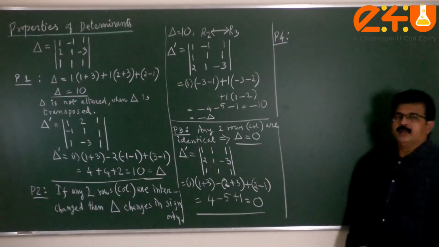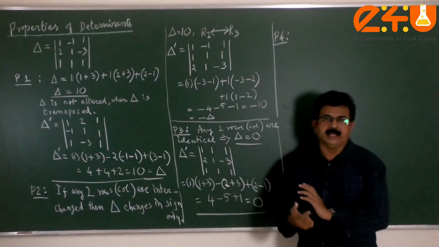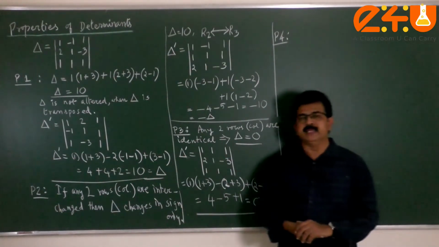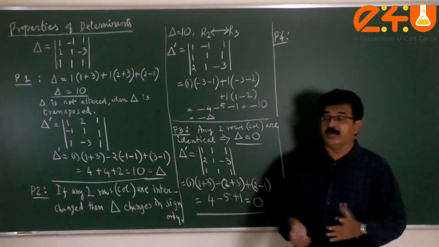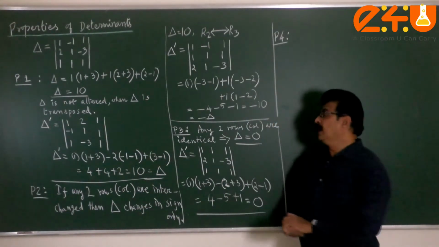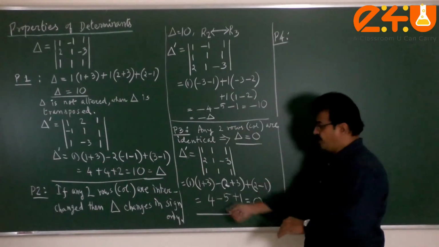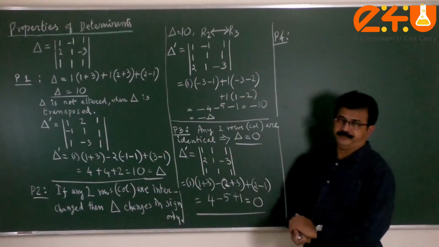When a row completely gets multiplied by any scalar constant, a real number, the whole determinant gets multiplied by the same real number.